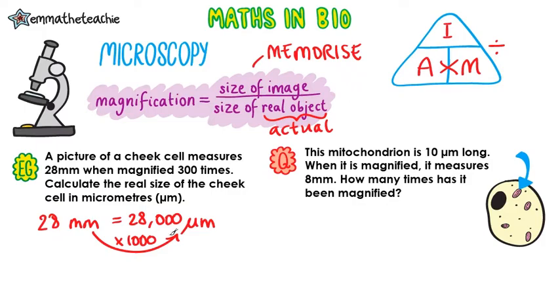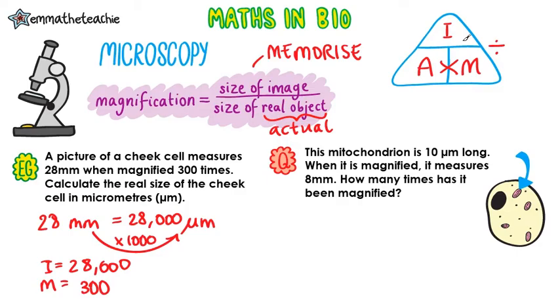Okay, so that is the size of the picture of a cheek cell. Now, if it's a picture, is it the image or is it the real object? Yeah, it's the image. So we've got the image is our 28,000. That's the I, the image. And we've been told the magnification is 300. So we go over to our triangle.